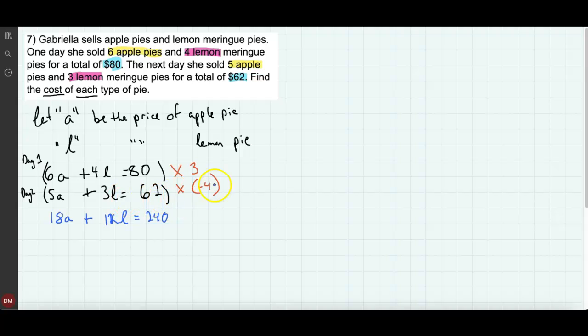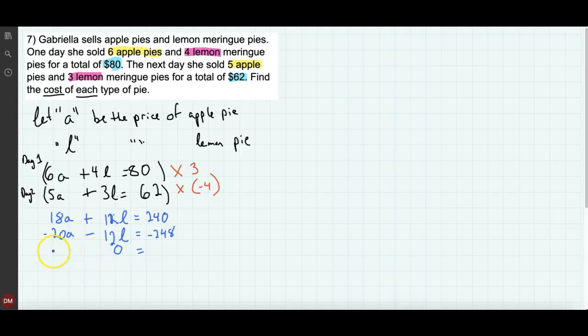And then multiplying by negative 4, I have negative 20A minus 12L. That's handy because when we add them together, we eliminate the L's, which we wanted to do. And on the right, 4 times 60 is 240, and then another negative 8, so negative 248. So we get 0 here.